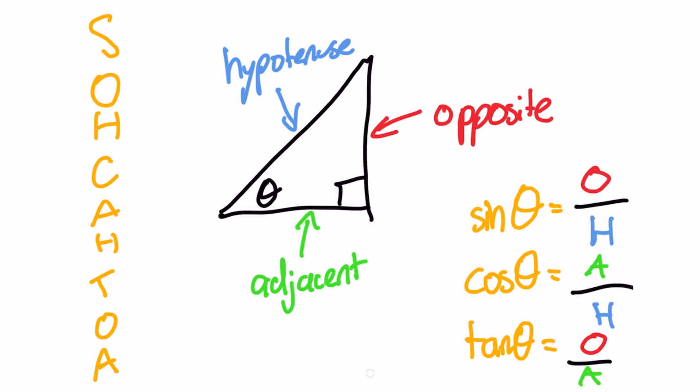And what that basically means is sine, opposite hypotenuse, cos, adjacent hypotenuse, tan, opposite adjacent. So as you can see, they pair up into threes.